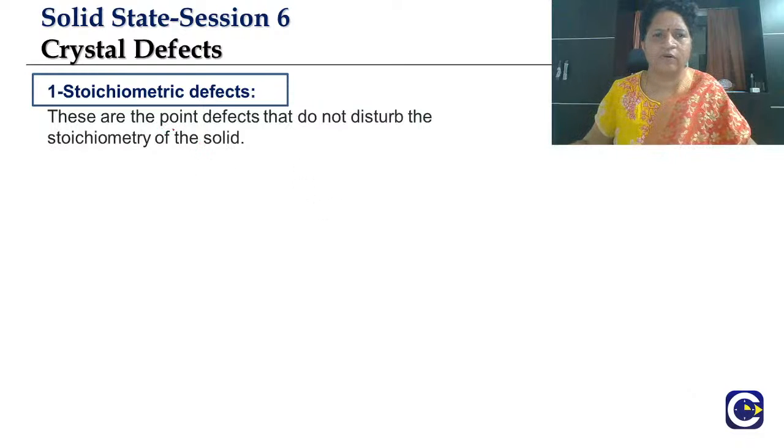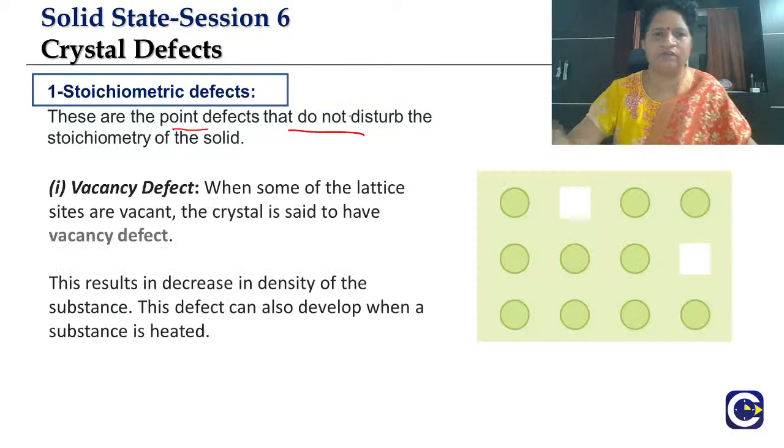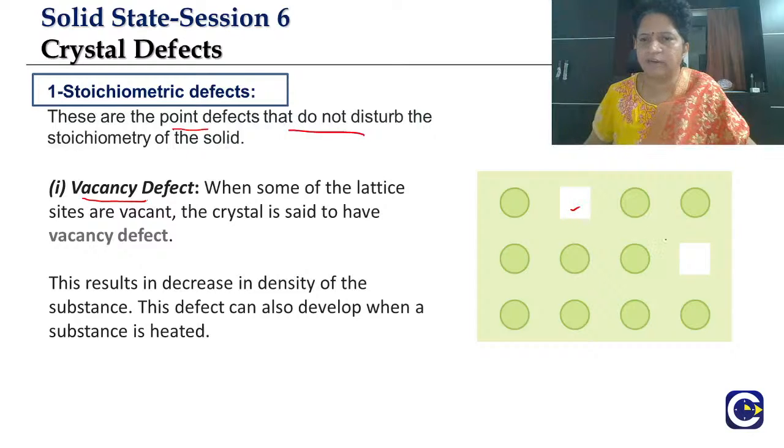So there are point defects that do not disturb the stoichiometry of the solid. What do they call it? Vacancy defect. If you can see the crystal structure here, there are some white patches shown. So what happens? There is a vacancy in these particular positions.